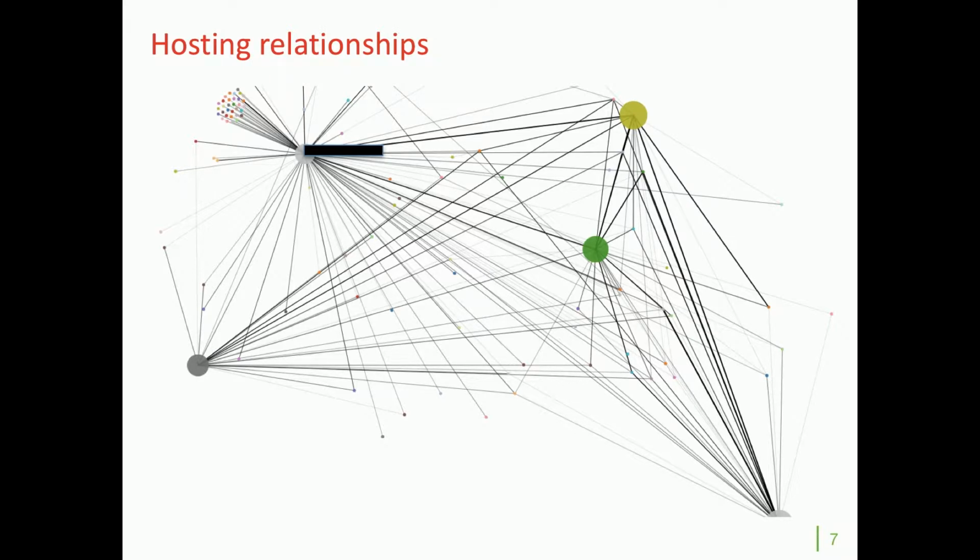And when you try to map this out and look at a typical large organization, things end up looking like this, where you see this black dot over here. That's a data center location where some hosts are located for this company. And this is a Fortune 50 company. Everywhere there's a dot on this map is a place where one of their assets is hosted at a different location than their primary data center.